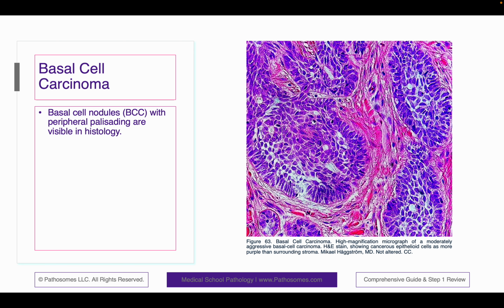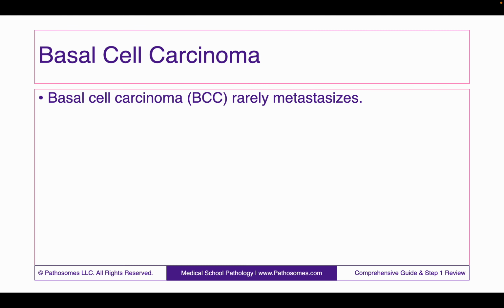Basal cell nodules with peripheral palisading are visible in histology. Basal cell carcinoma rarely metastasizes, and basal cell carcinoma is treated by surgical excision.